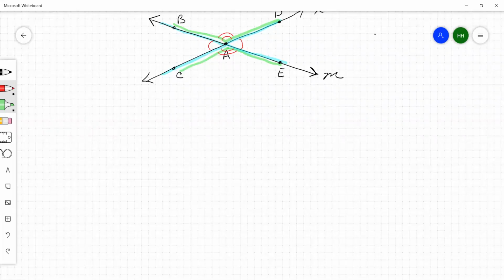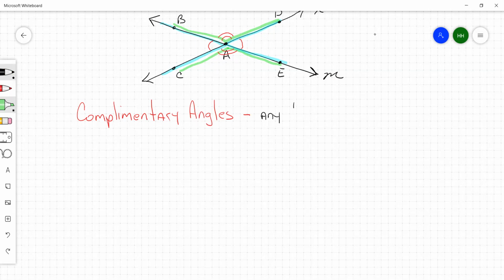Complementary angles. Any two angles that sum 100, nope, can't believe I said that.